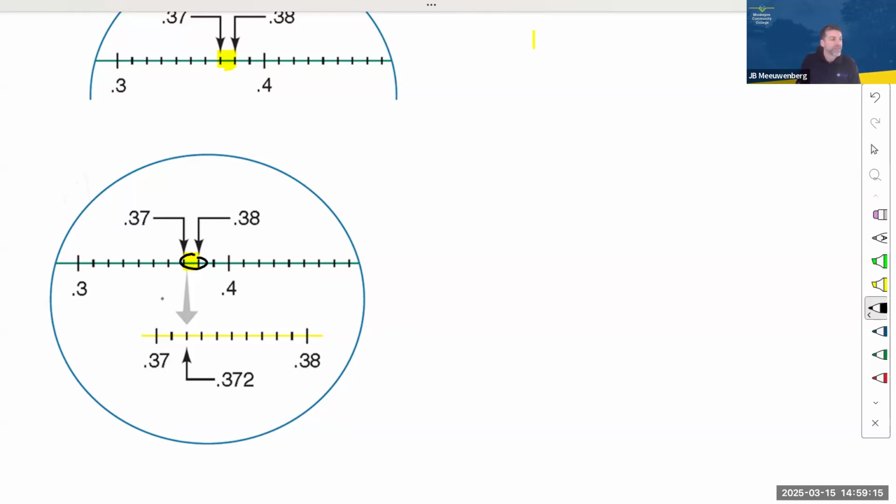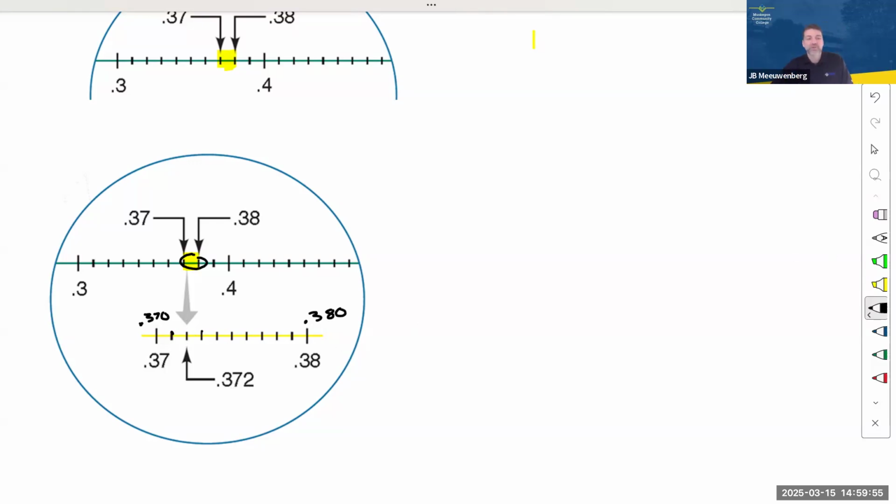Like before, the 0.37, 37 hundredths, if you add a 0 to the end of that and do the same thing with the 0.38, now you're looking at it in terms of thousandths, 370 thousandths, 380 thousandths. So then you can count up 371, 372, 373. These are all thousandths. And what was our number? It was 0.372, 372 thousandths. So it exists right here between 37 hundredths and 38 hundredths.